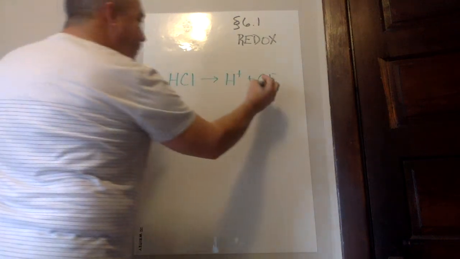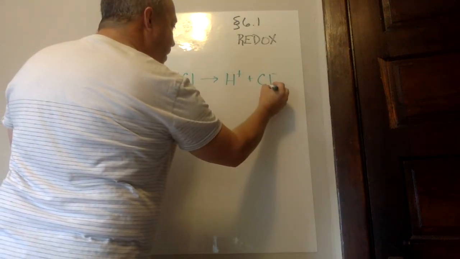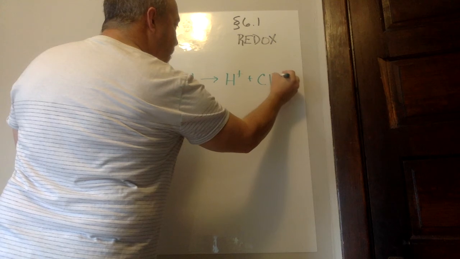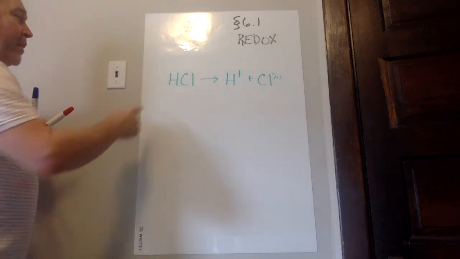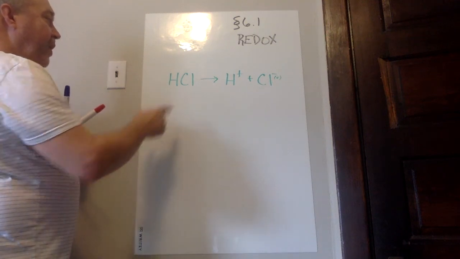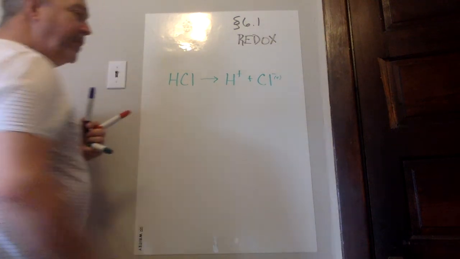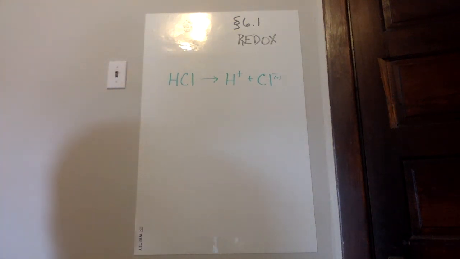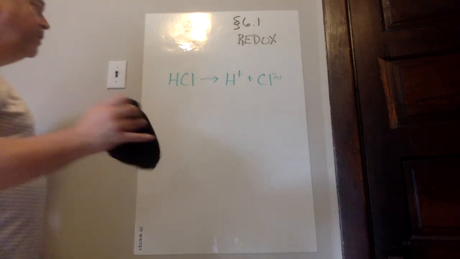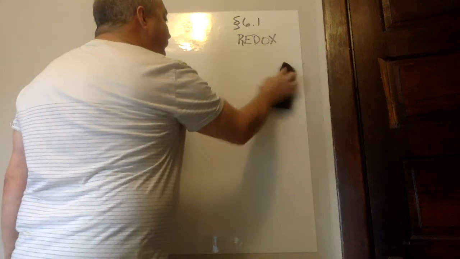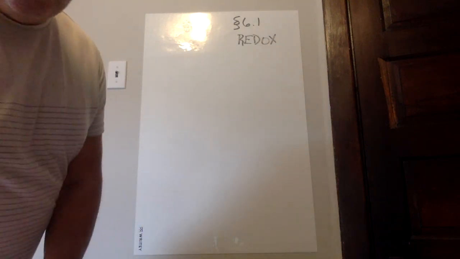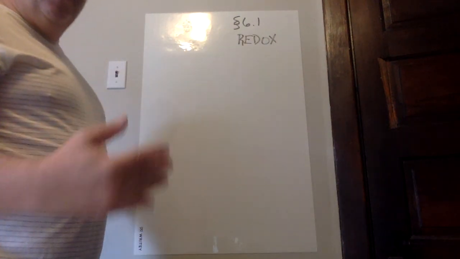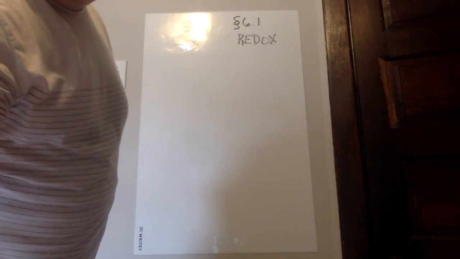In this case, the electron is going to get put on here, which is why we have the negative, but you can see we've lost hydrogen from our original substance. So in this case, because we've lost, in a sense, this has also been oxidized. So that is oxidation and reduction. Make sure we get those two terms down, because we will be using them a lot when we talk about cellular respiration.